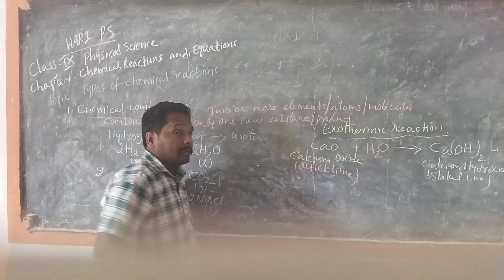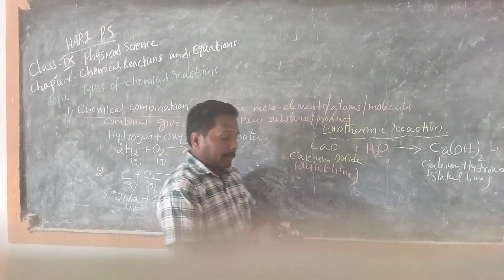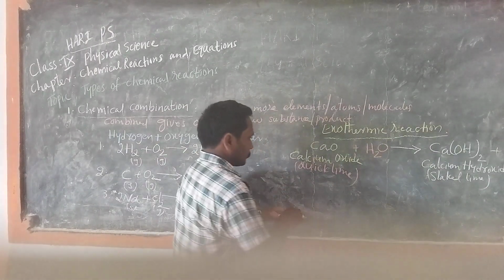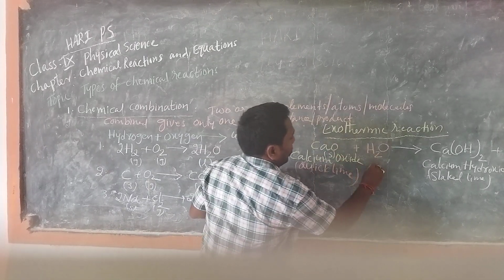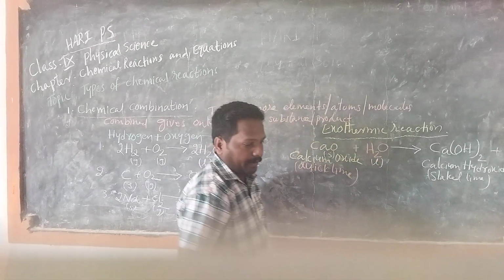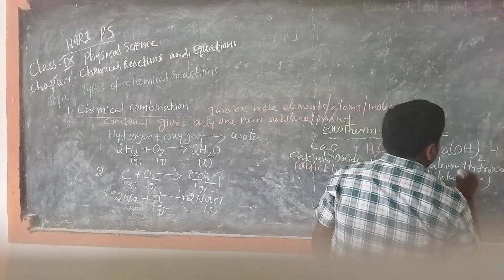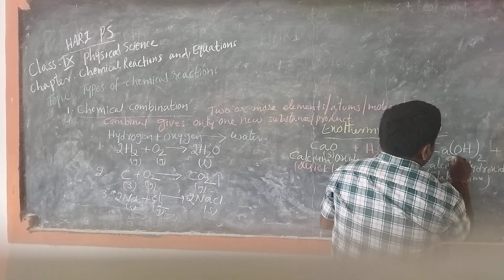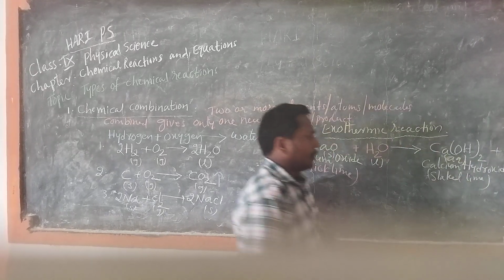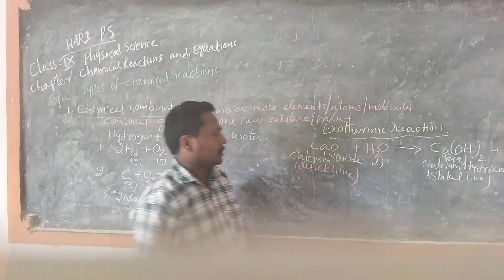So this is a balanced chemical equation. Represent their states as usual. Calcium oxide is a solid, water is a liquid, and finally it is an aqueous solution, AQ.